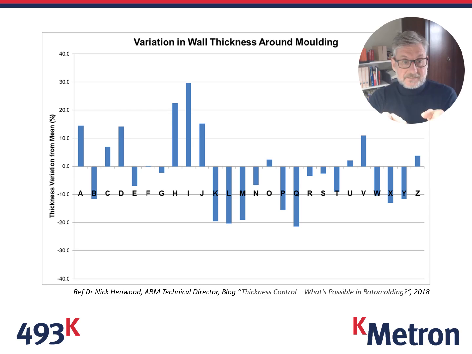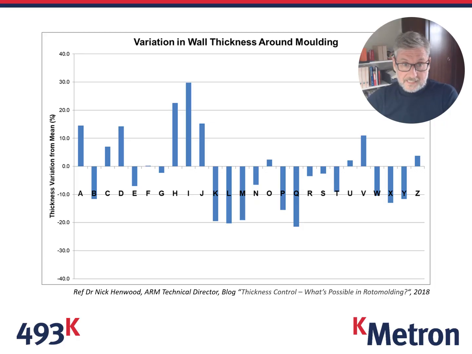And we can see this varies from almost 0% variation, i.e. the design thickness, all the way up to minus 20% and plus 30% of the designed thickness variation of the wall.